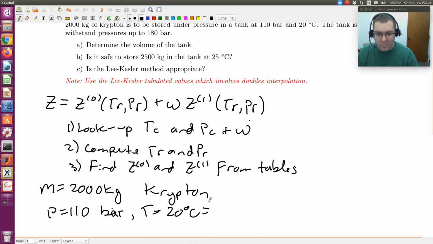So I'm going to convert this to Kelvin. Kelvin is Celsius plus 273.15, so this would be 293.15 Kelvin.